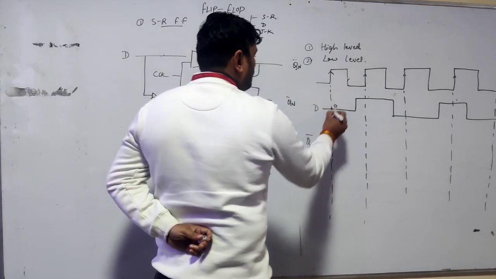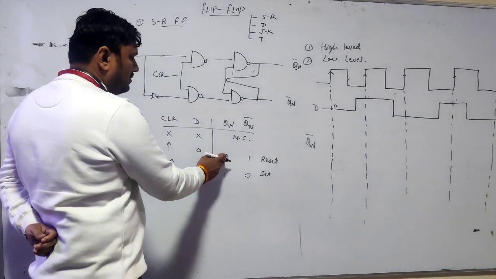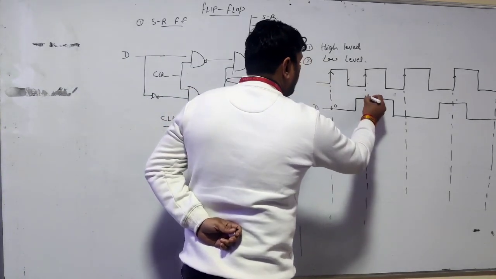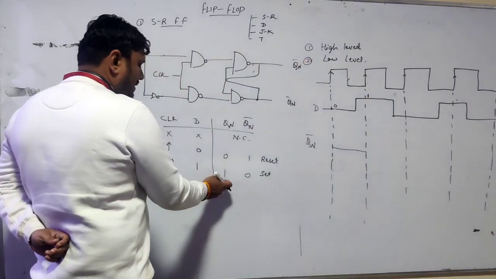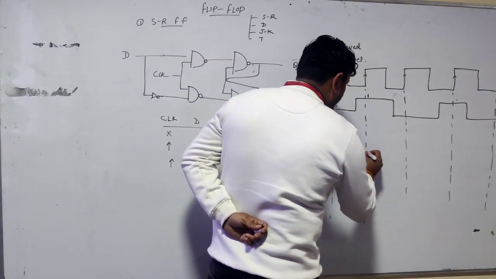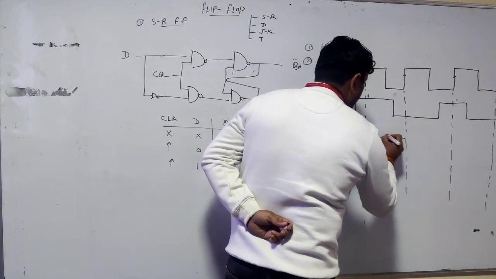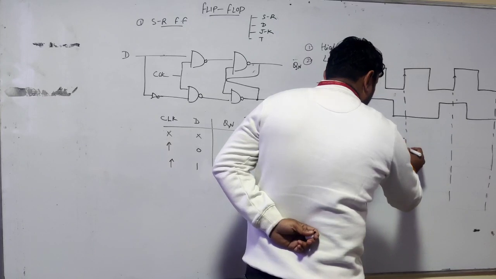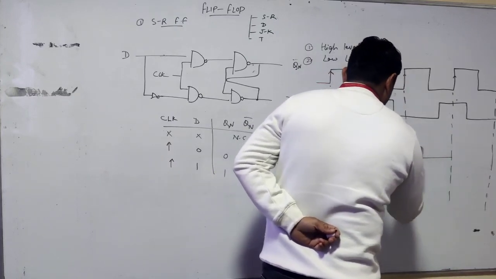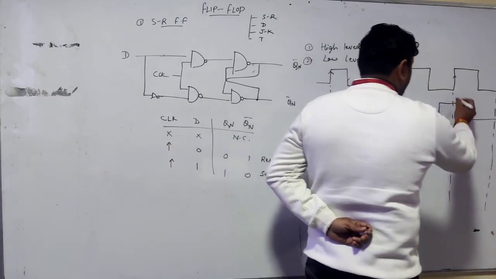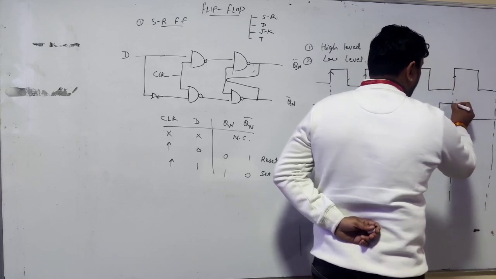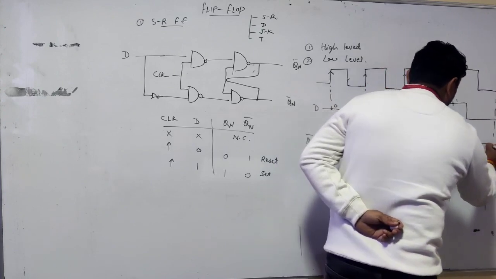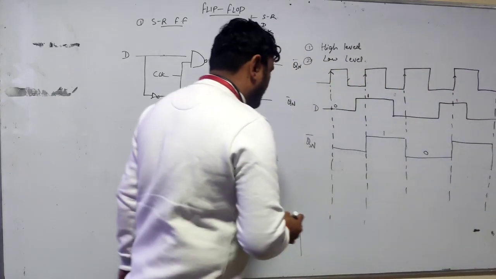If the D value is 0, Q1 is 0. Okay, here your D value is 1, then Q1 is also 1. For this clock pulse, this value is 1. Now here the D value is 0, then Q1 is 0. At this point your input is 1, then its value is also 1, right?